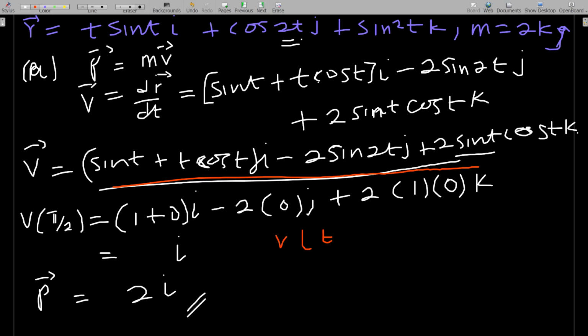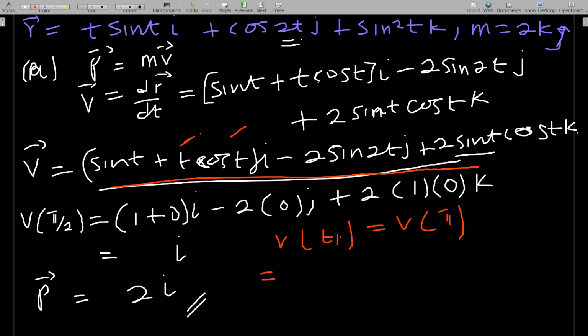v of t1, so that we use it straight. That is v of pi, and this will be equal to what? Now sine of pi, like I said, punch it on your calculator, is simply 0. Here you have t cos t, so wherever you see t, you put pi there.